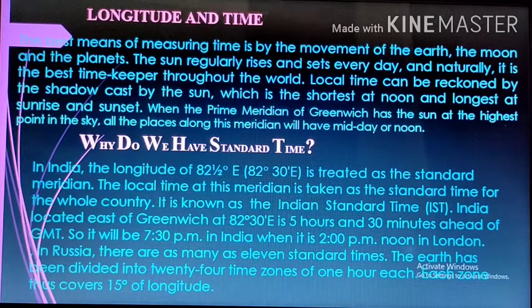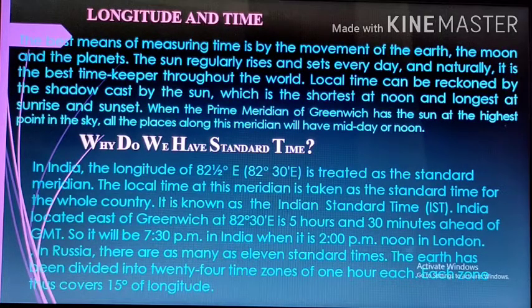As the earth rotates from west to east, those places east of Greenwich will be ahead of Greenwich Mean Time, and those to the west will be behind it. The rate of difference can be calculated like this. The earth rotates 360 degrees in about 24 hours, which means 15 degrees an hour or 1 degree in 4 minutes.